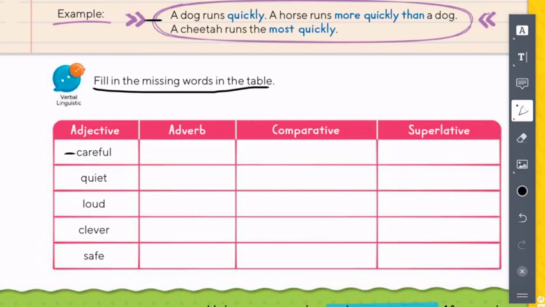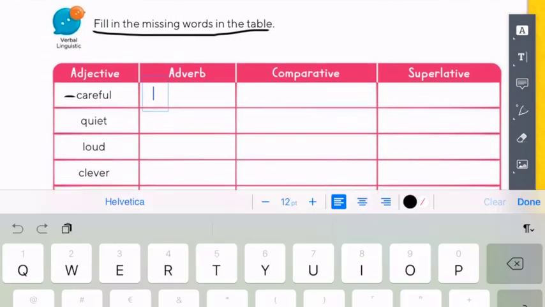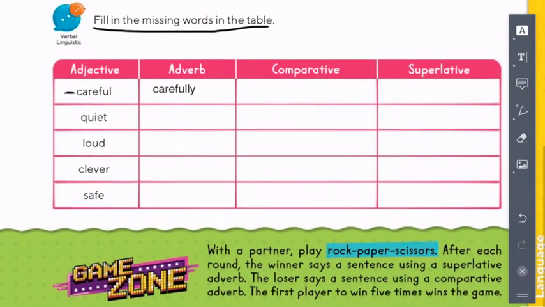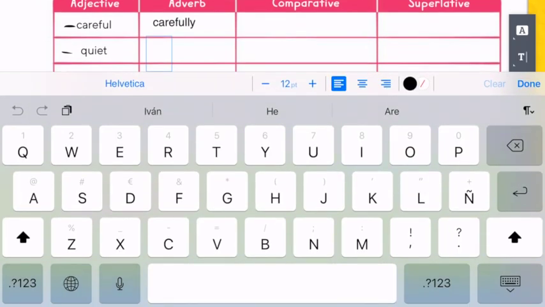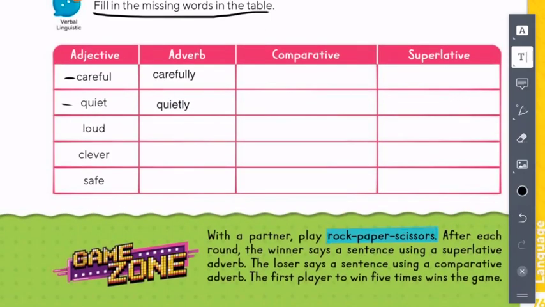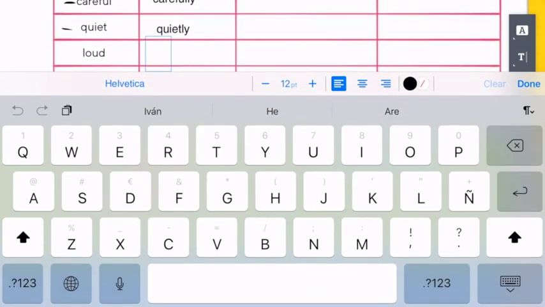Adjective, careful. What is going to be the adverb of careful? Carefully. Good. Let's continue. First, all the adverbs. Quiet. Quietly. Good. Loud. Loudly.